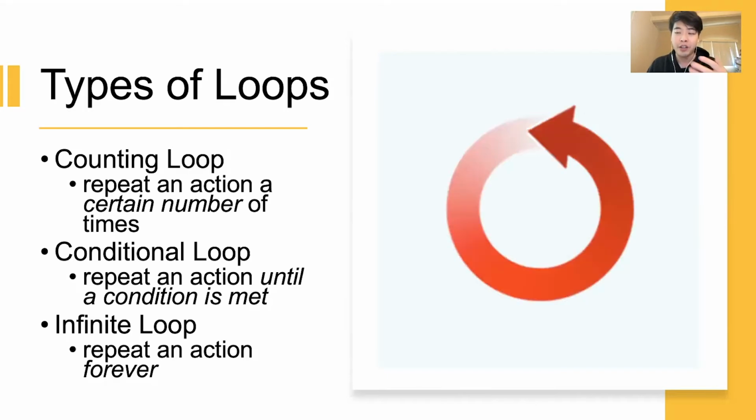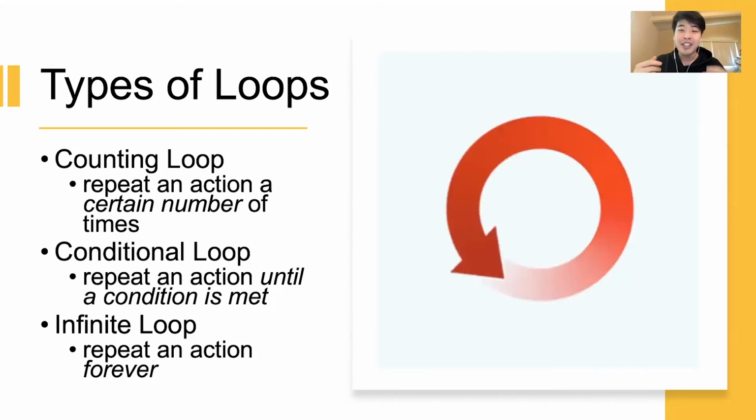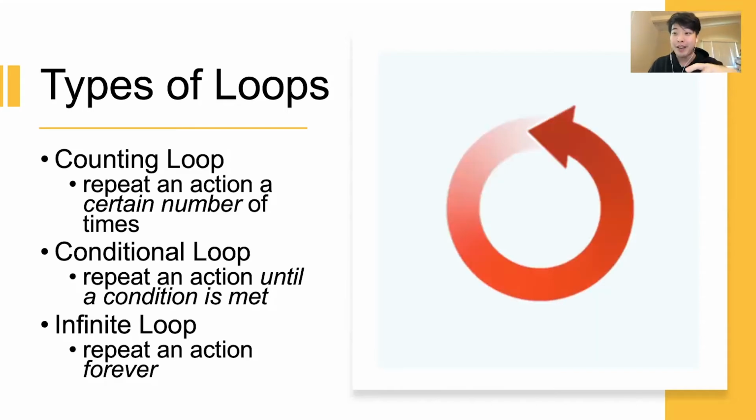So if you want to tell your computer, hey, do certain things a certain number of times, that means you have to know how many times you want to repeat. For example, I want the computer to breathe 3 times. Then you repeat that breathe in, breathe out, how many times? 3 times, right? So we've been using counting loop, okay? Whenever we say repeat 10 times, then the computer repeats how many times? 10 times, okay? So that's counting loop.